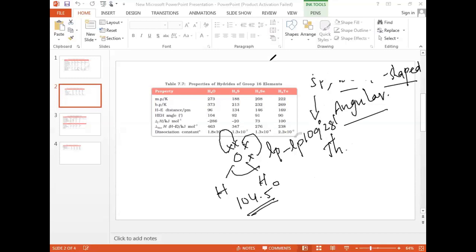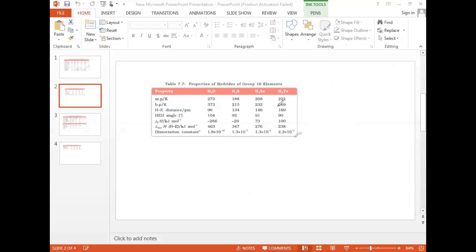Right. Now come to the melting points. Generally, it increases down the group. But here we can see the order H2S less than H2Se less than H2Te less than H2O.